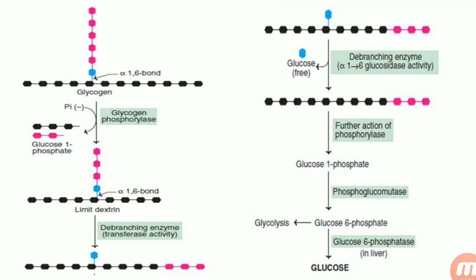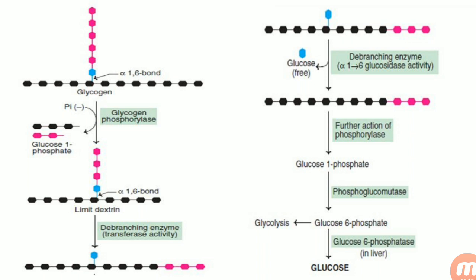And after that, with the help of the debranching enzyme, the transferase enzyme, what it does is, from the limit dextrin, the branching that is shown in the three dots over here, that three dots is three residues of glucose. So that residue is cleaved.